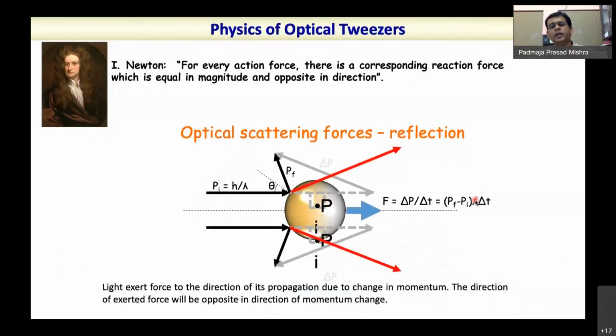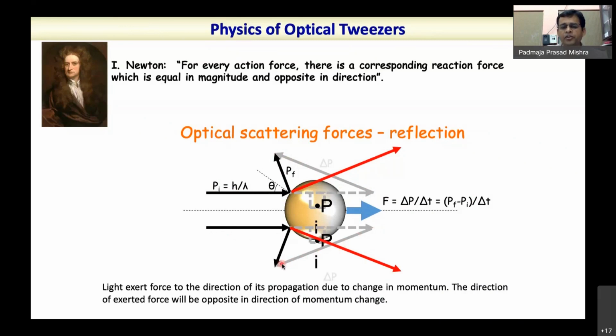So that is the case of refraction, but the same thing will happen in the case of reflection and scattering also. If it is reflection, let's say the beam is coming like this to the object, and it is reflecting back. There is a change in the momentum in this direction, and similarly another momentum change vector in this direction.